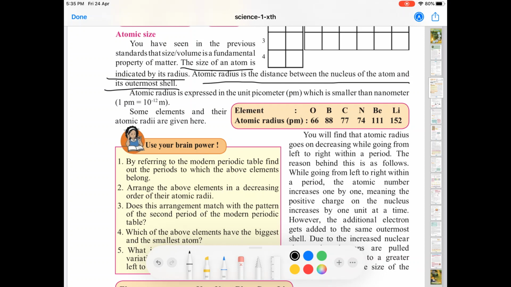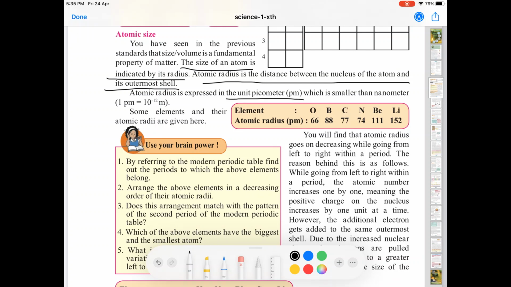So what did we say? We told that the size of an atom is indicated by its radius, and also that the atomic radius is the distance between the nucleus of an atom and its outermost shell. This atomic radius is expressed in the unit picometer.